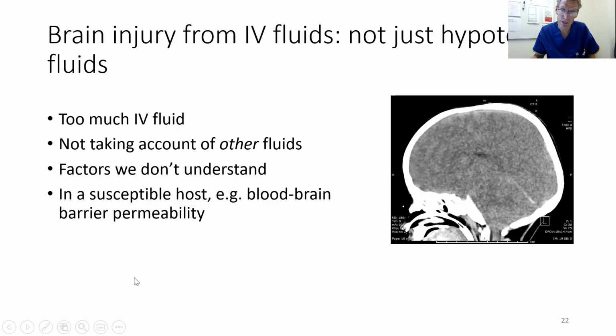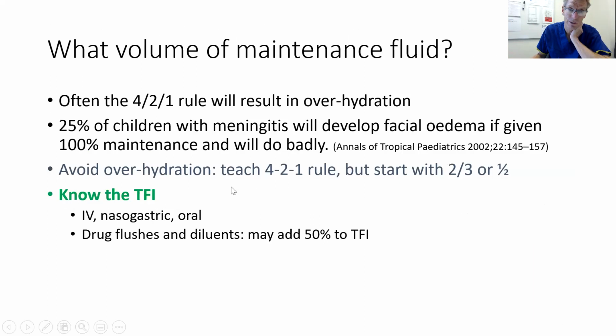And there are a number of reasons why children get a brain injury from IV fluids and hyponatremia, but we want to try to avoid that at all costs. We should not allow patients to have complications from intravenous fluids like edema and cerebral edema particularly. So just to cover it off again, what volume of maintenance fluid?